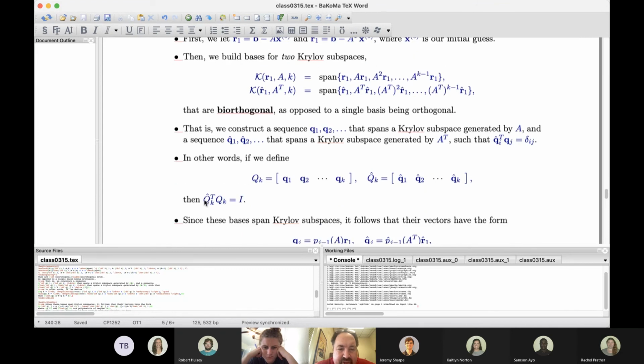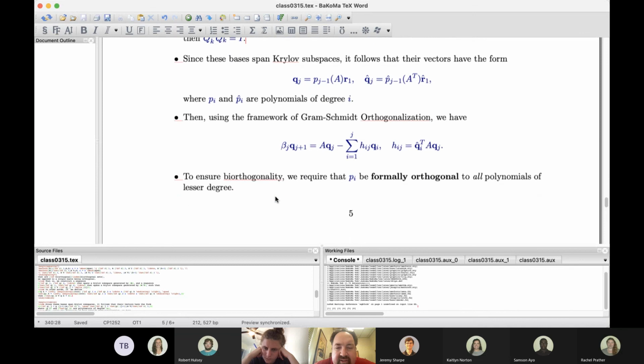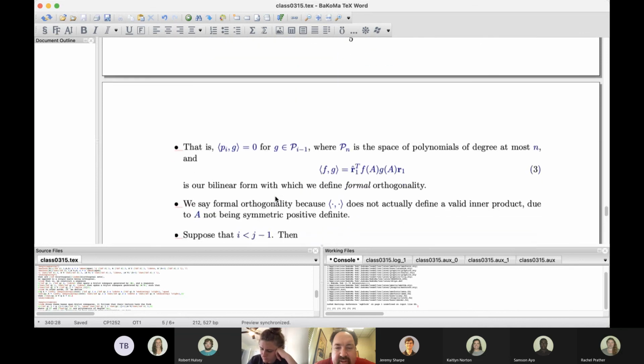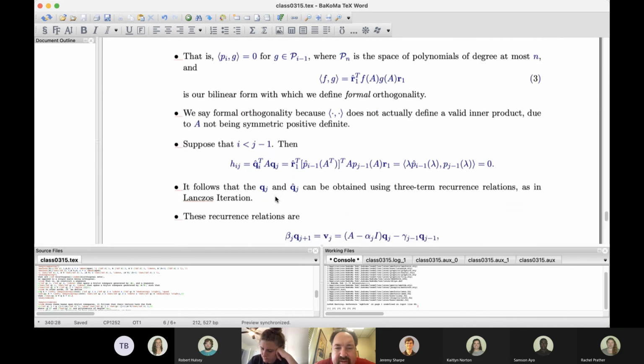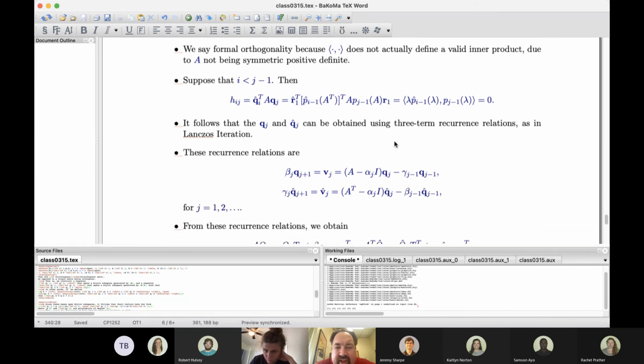So notice the matrices are different. Qk hat transpose Qk is identity. So then, using Gram-Schmidt, we define an inner product that's not really a valid inner product because A is not symmetric positive definite. So now we have two recurrence relations.